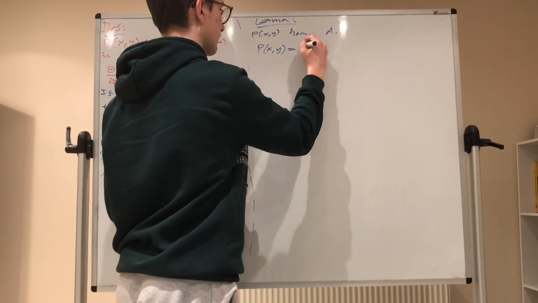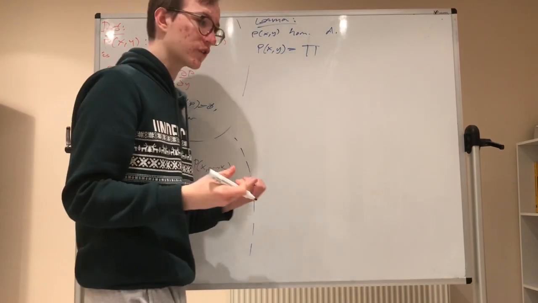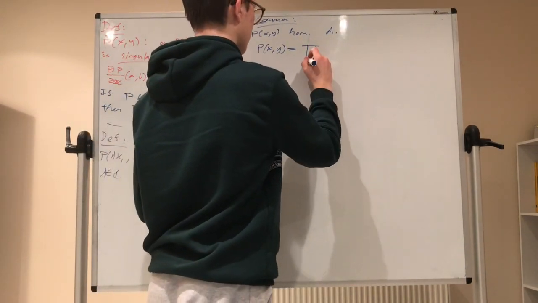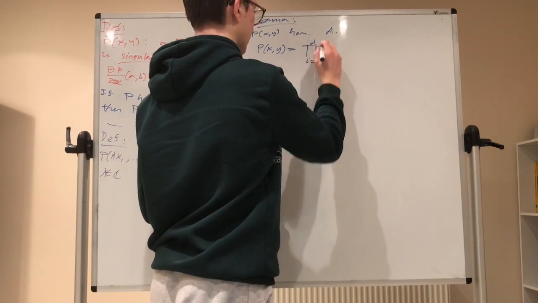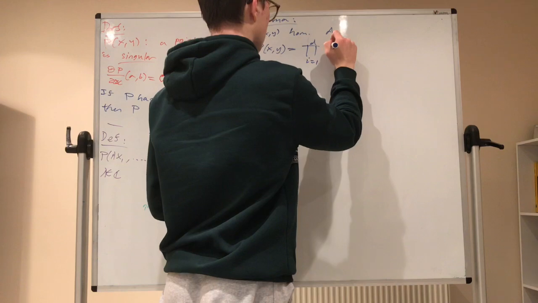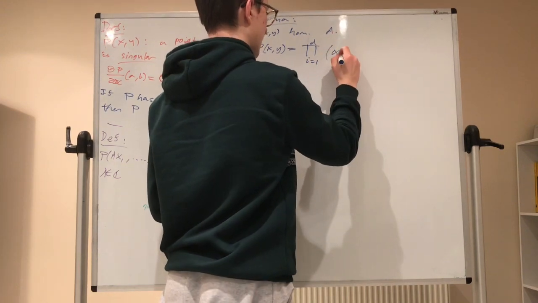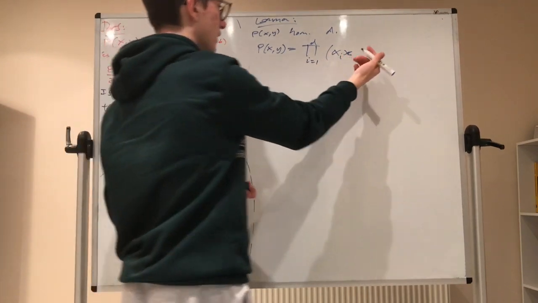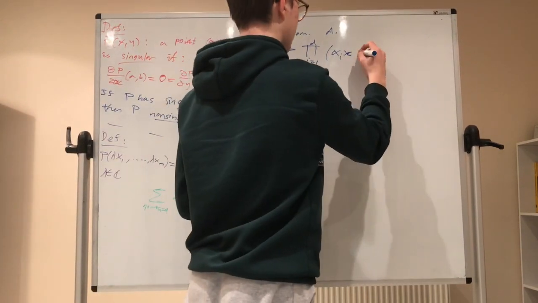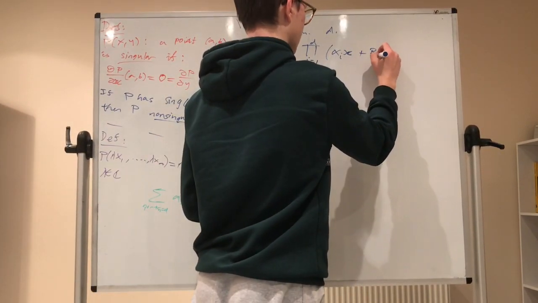can be factored as a product from i equals 1 to, let's say, d of alpha i x plus beta i y, for just some complex numbers alpha i and beta i.